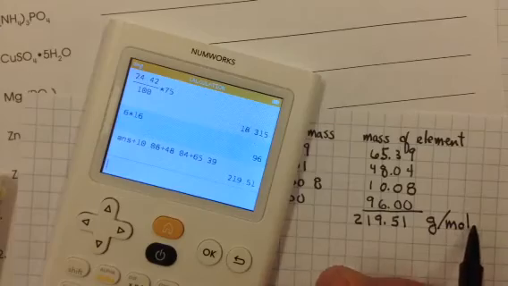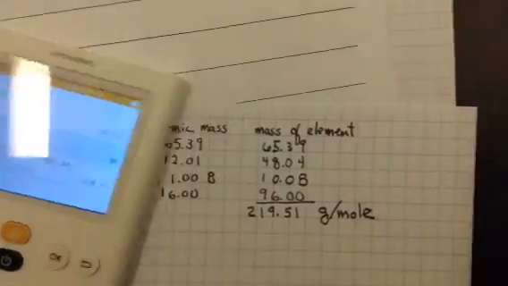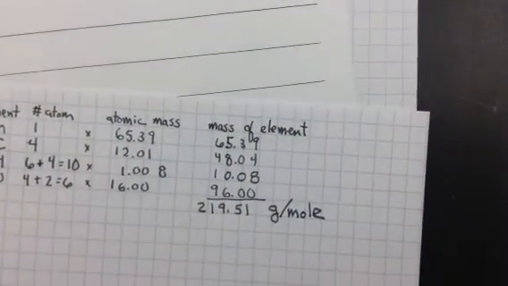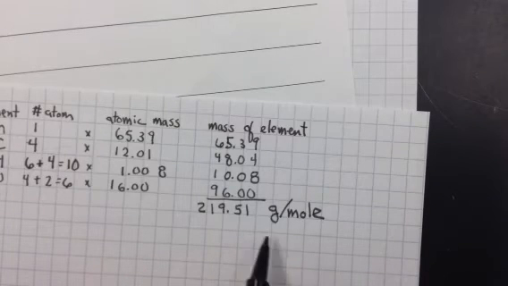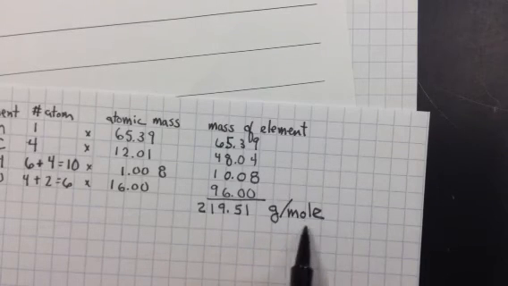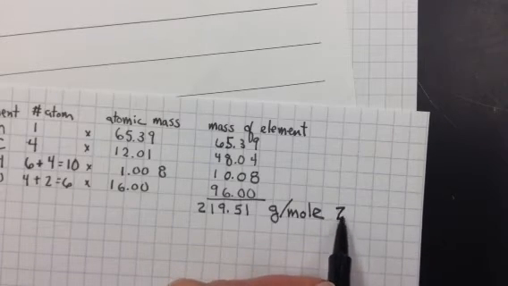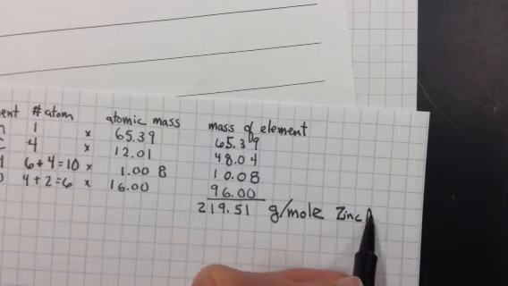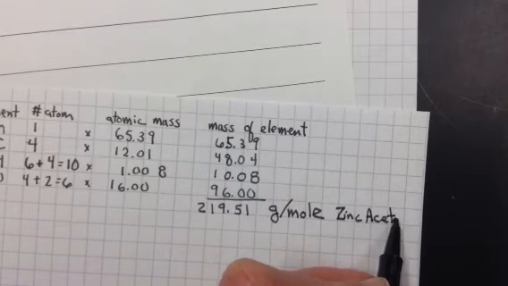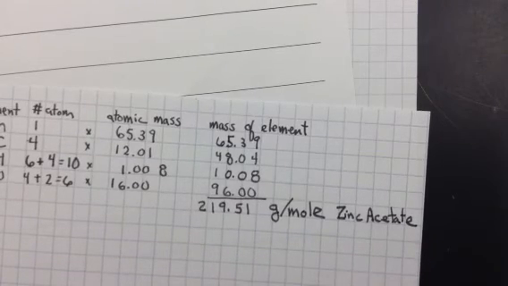That's grams per mole. And we also have to state what it is, and that would be our zinc acetate. And I'm just going to write the zinc acetate because that's actually shorter than the formula for once.